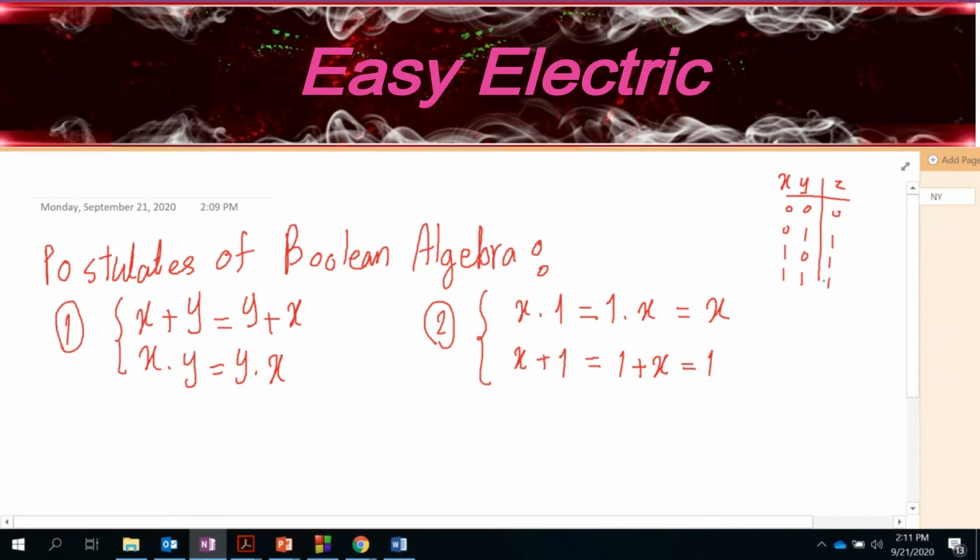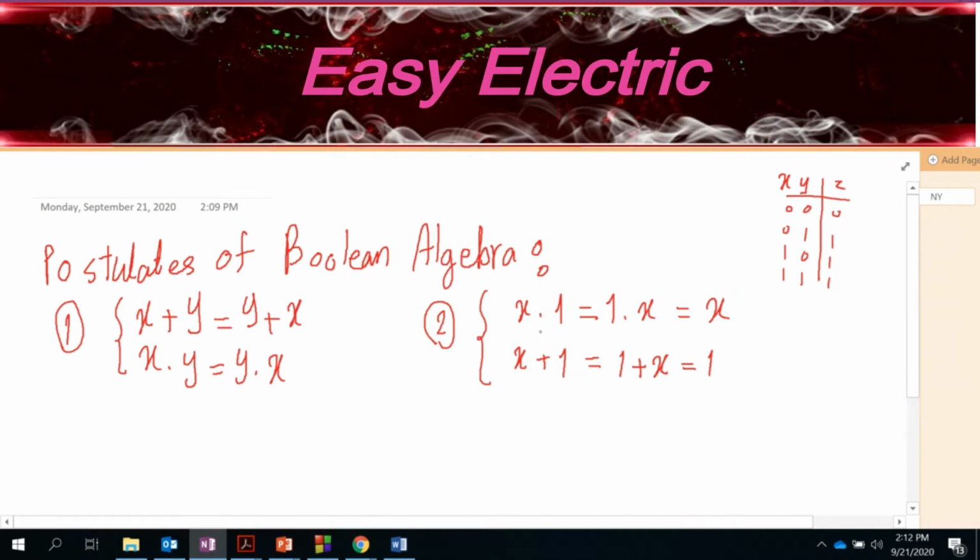So whenever one of your inputs is 1, no matter what the value of the second is, the output is 1. That's what you see from the truth table of the OR, and also that's a postulate of Boolean algebra. You already know this from learning the truth table of the OR, okay?